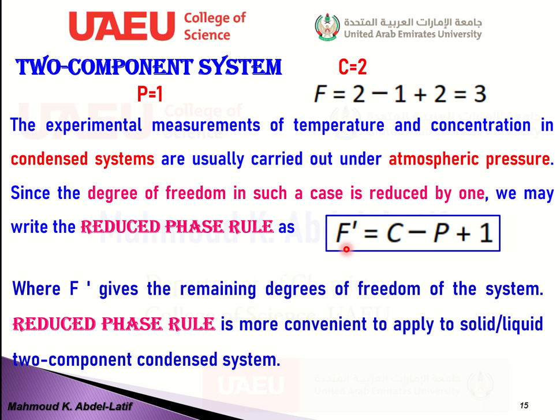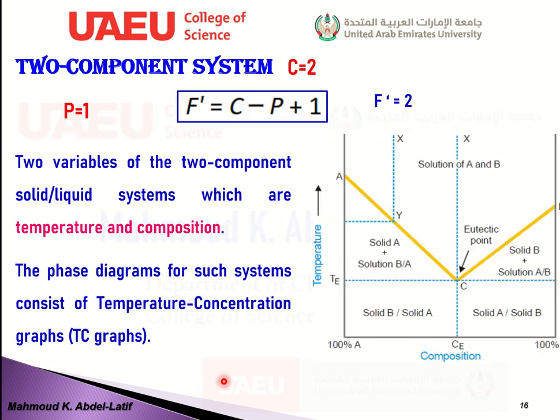We represent it by F dash equals C minus P plus 1, instead of plus 2, where F dash gives the remaining degrees of freedom you need to know in order to describe the system. The reduced phase rule is more convenient to apply for solid-liquid, or condensed, systems.